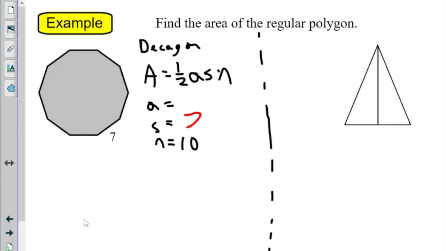Step 2 is going to involve getting our missing piece. We're going to get the central angle. Remember that the central angle comes from, here's the triangle that's getting built. Here's the apothem that I'm looking for. Okay, that is this triangle over here. I'm zooming in to focus on the triangle stuff.